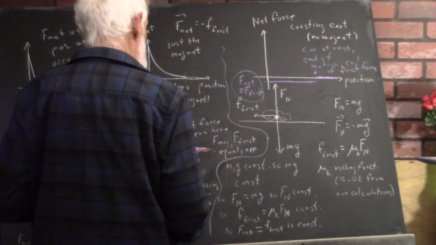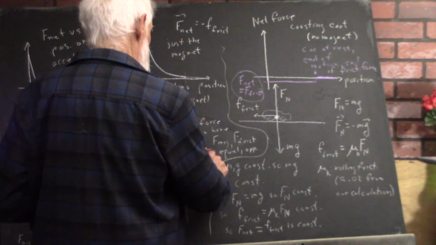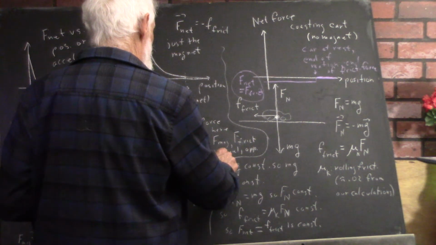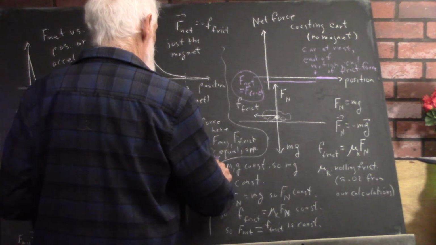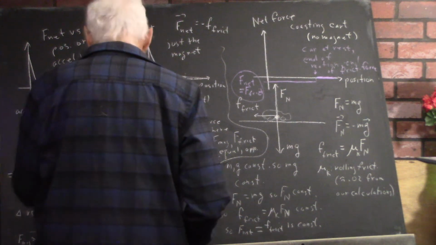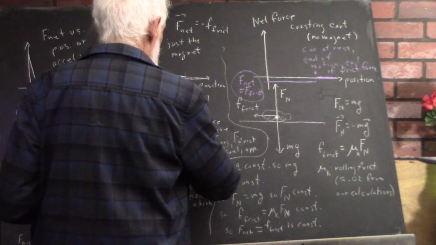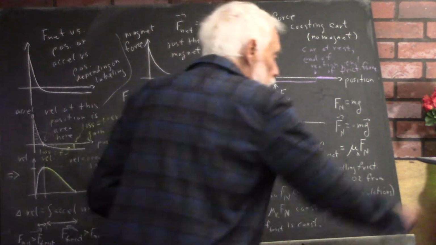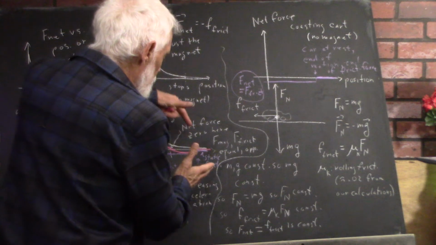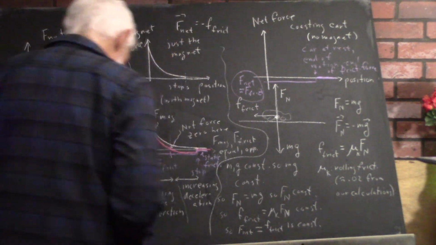So it's like we got some static friction now. And that approaches zero. I didn't draw that line very straight, but you get the idea. That approaches zero along with the magnetic force.